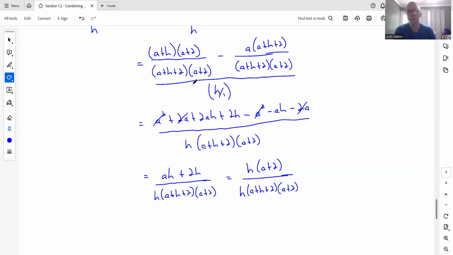And then we get to the next one, is that the answer? Of course, when you're learning this, you're not always going to know what the final answer might look like. But one of the things you want to try to get good at is knowing what the final answer does look like. So if you do these problems where you have a rational function and you're finding the difference quotient, you want to know what the answer should look like.